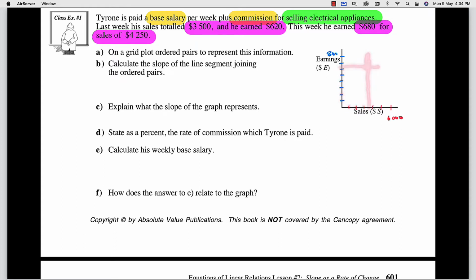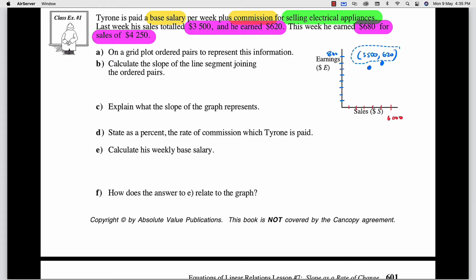Okay, so I'm just going to take a point and put it right there, and that one is going to be at 3,500, 620. And what about the other point? It was 680, so a little bit higher, and 4,250, so it was sort of like right about there.